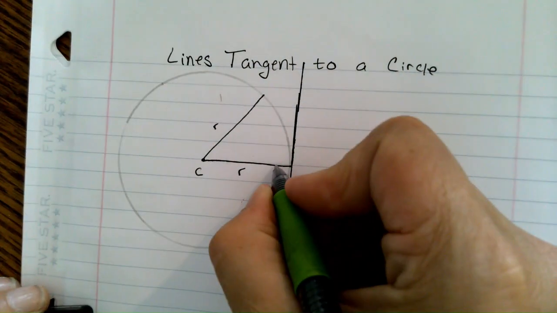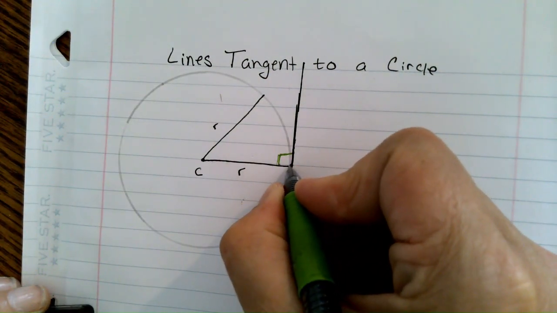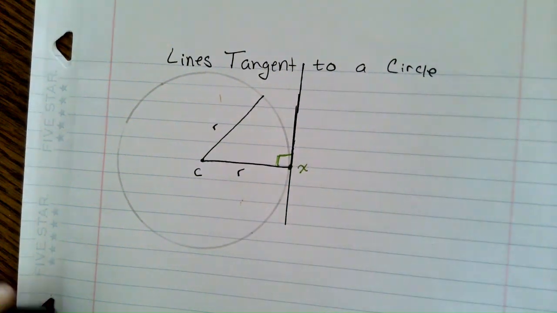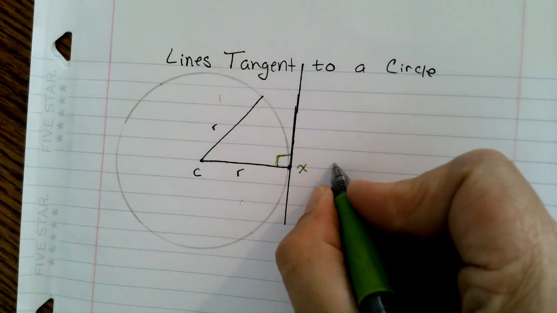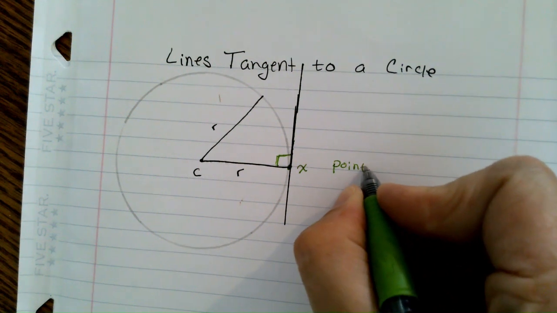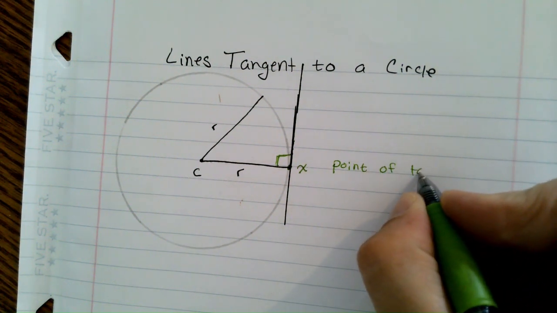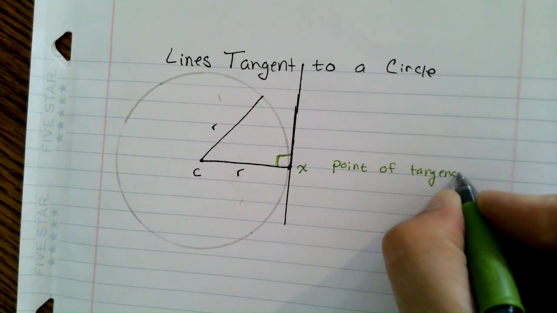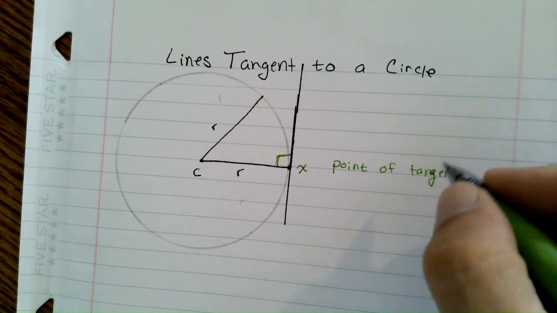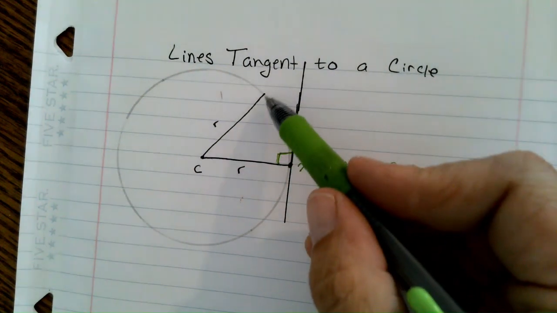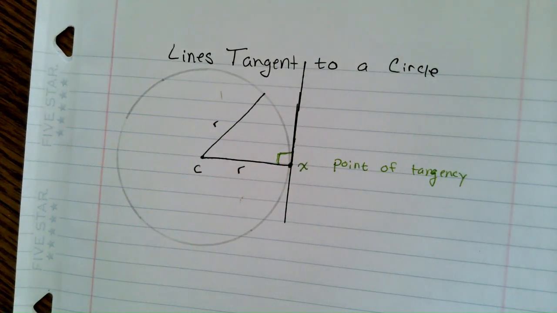So right here, I'm going to name this point X. X is the point of tangency. Now, could I have drawn a different tangent line perpendicular to this radius? Absolutely, I could have.